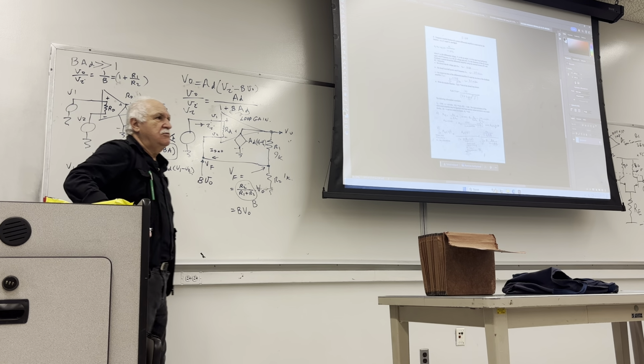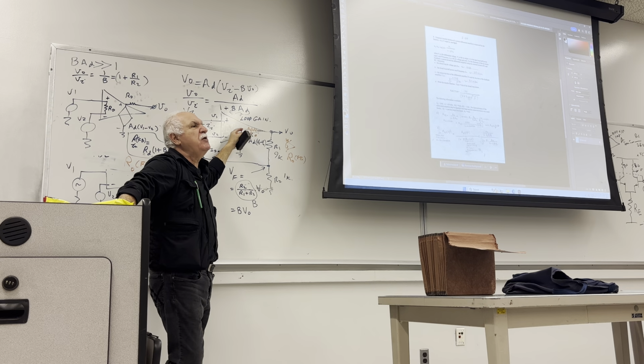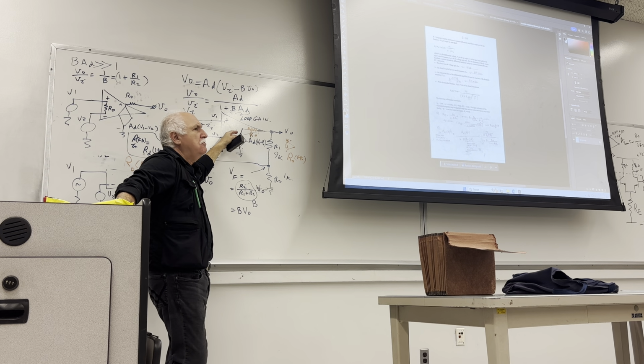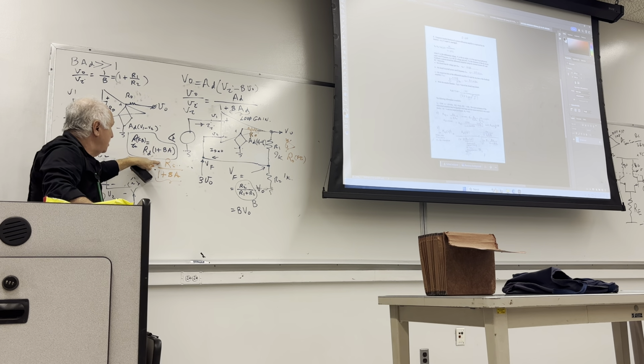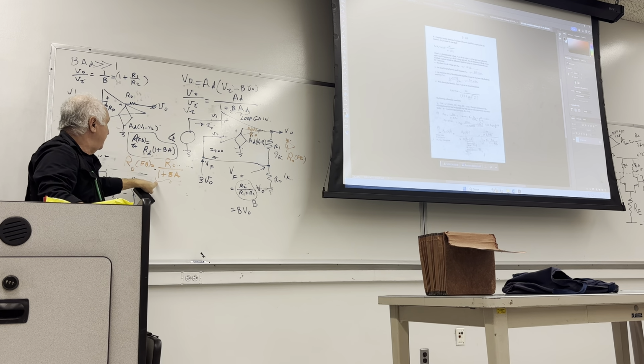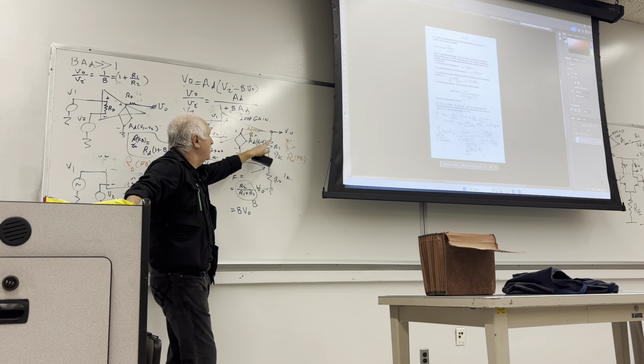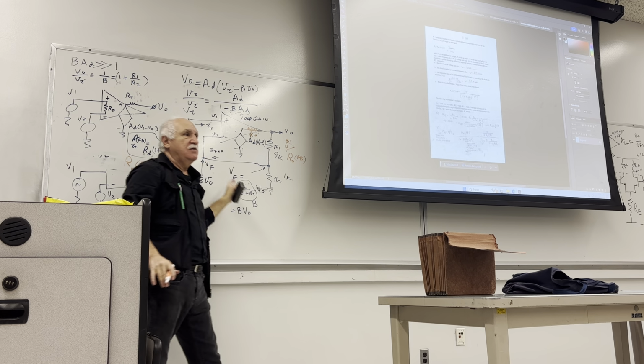So even if you had an output impedance from the last stage like 100 ohm, or maybe a kilo, that kilo will be divided by 100,000, and that will be milliohm output impedance. So this amplifier will have milliohm after feedback.